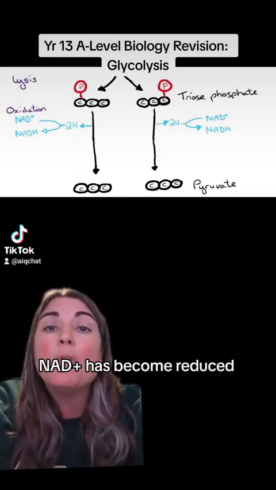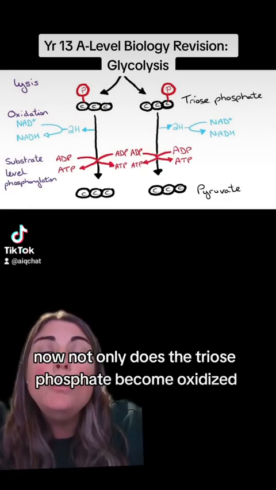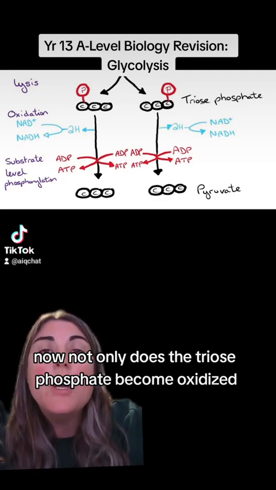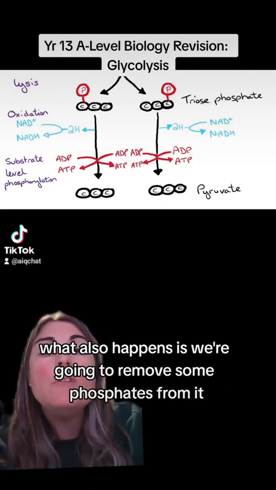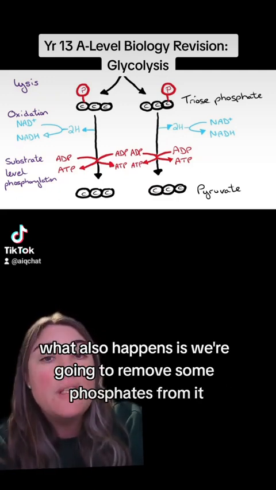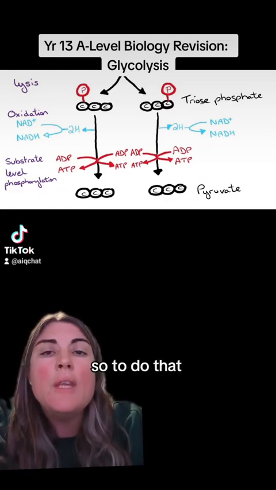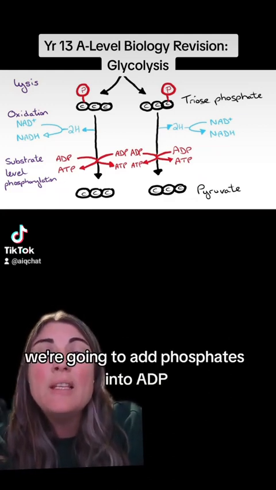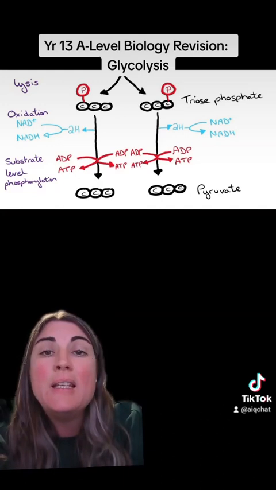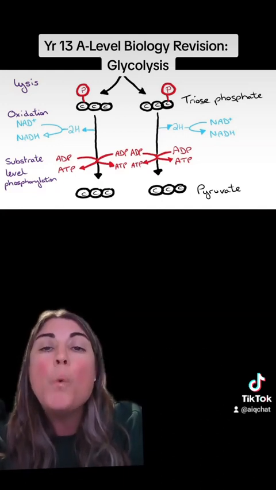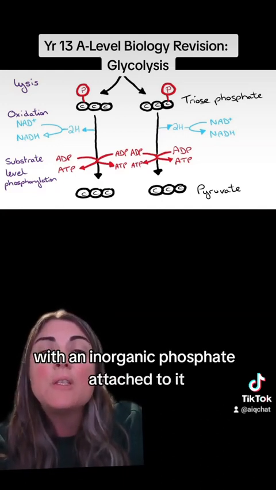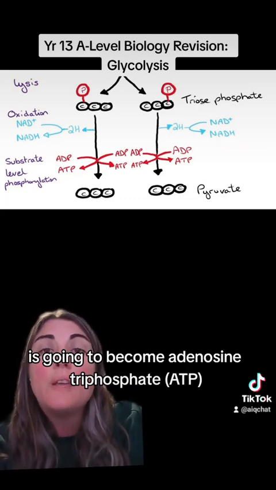Now, not only does the triose phosphate become oxidized, what also happens is we're going to remove some phosphates from it. So to do that, we're going to add phosphates to ADP, adenosine diphosphate, and with an inorganic phosphate attached to it, it is going to become adenosine triphosphate.